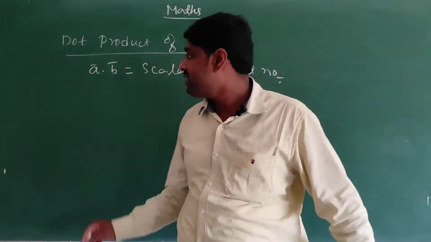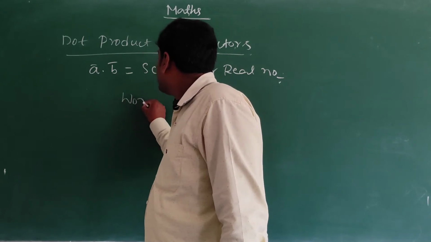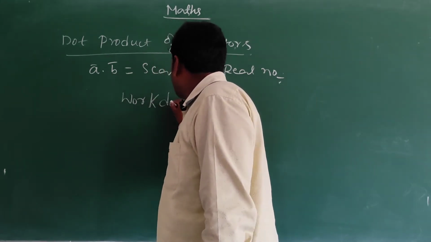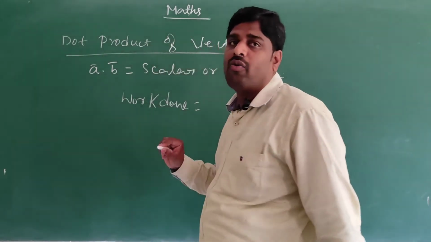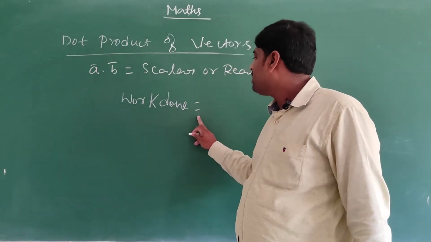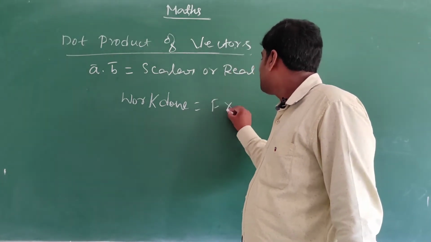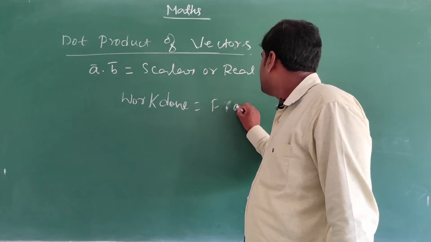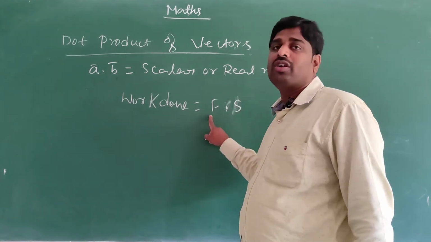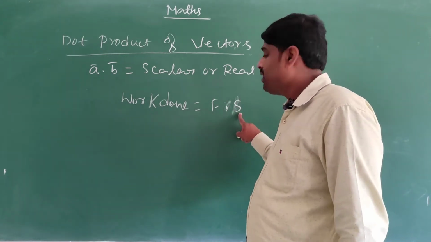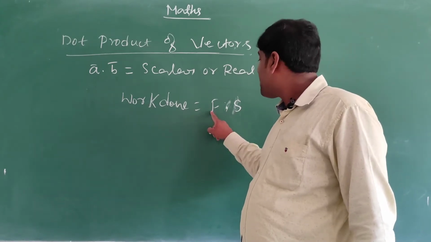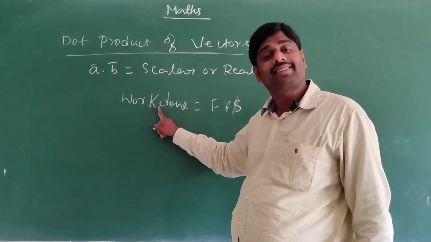According to physics, consider work done. What is meant by work done? Work done is force into displacement. Here force is a vector, displacement is a vector. Vector dot vector, work done is a scalar.